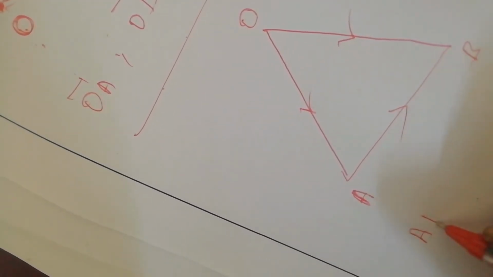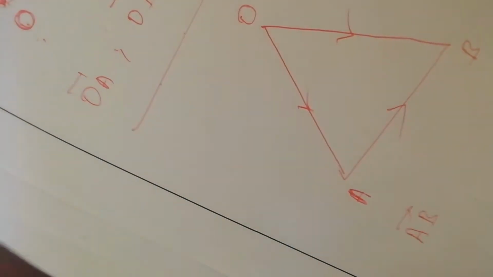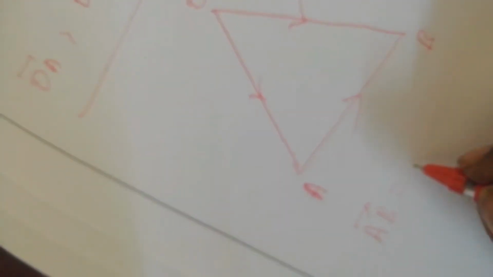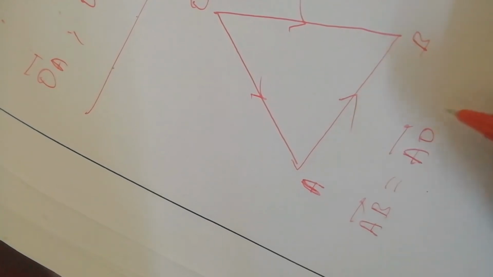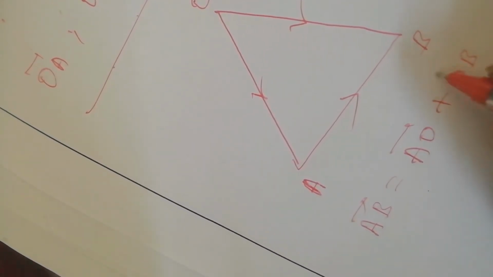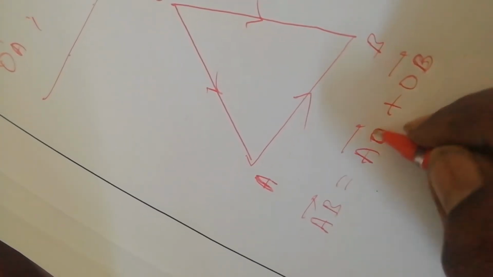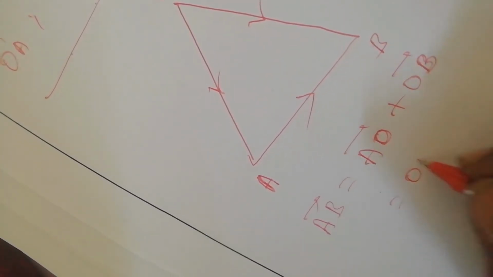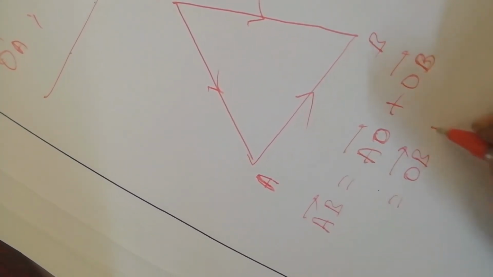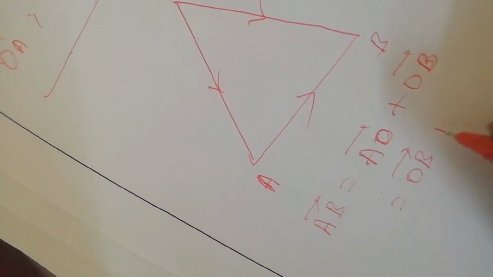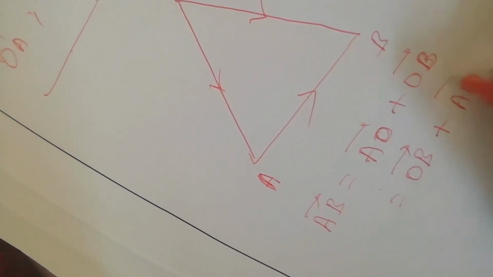To go from A to B, that is A to O plus O to B. First write the OB vector plus the AO vector.